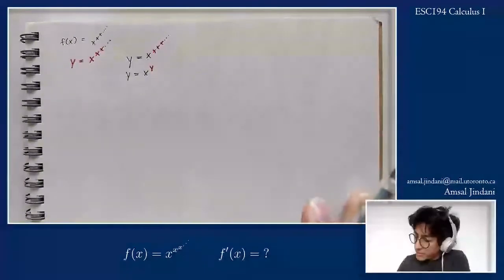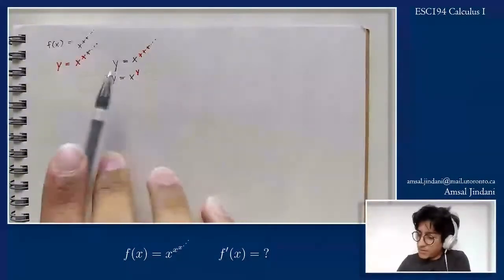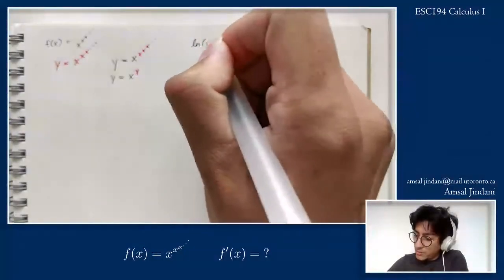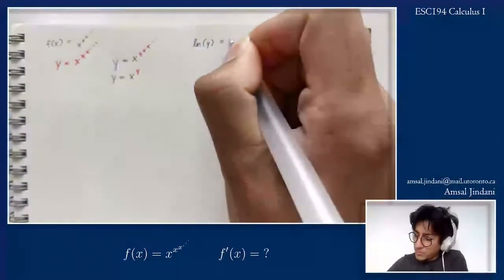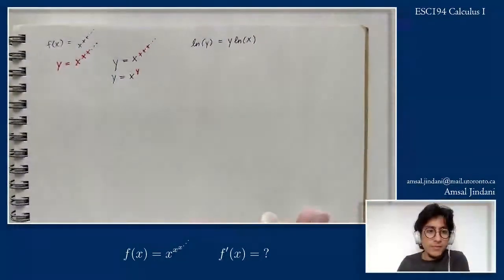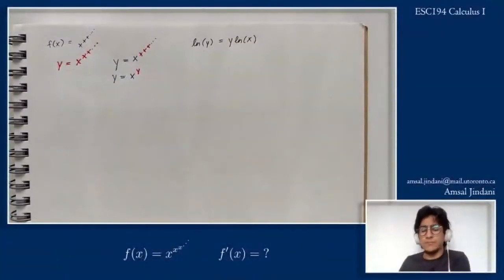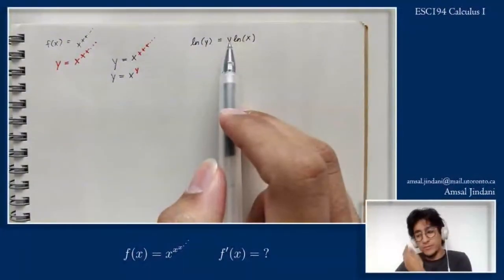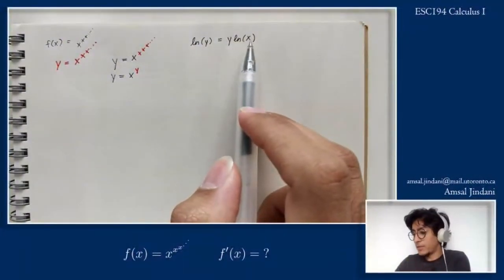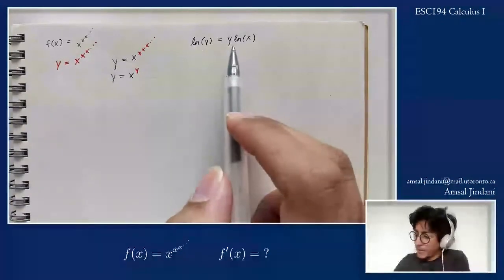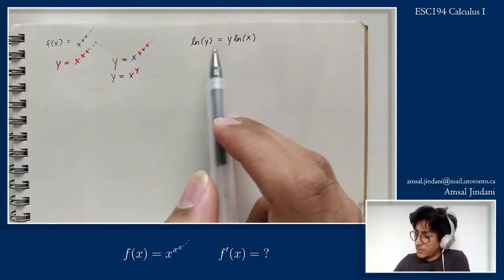So implicit differentiation, let's start out by taking the natural log on both sides. So we get the natural log of y equals y times the natural log of x. The y comes out as a multiplicative factor because of the laws of the logarithm. And then let's take the derivative.